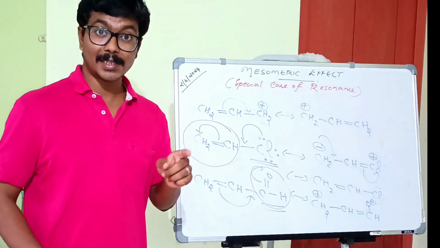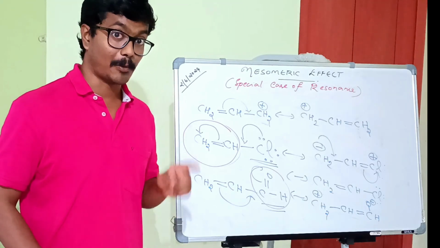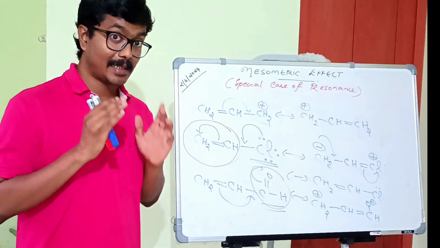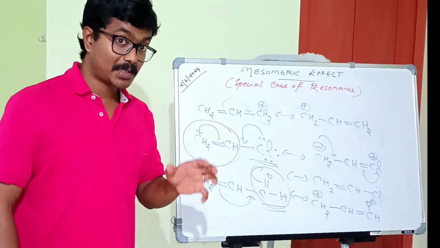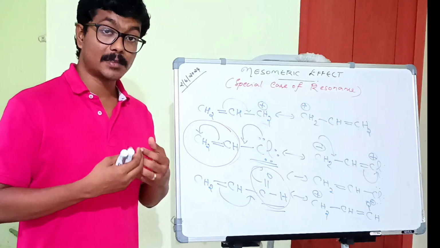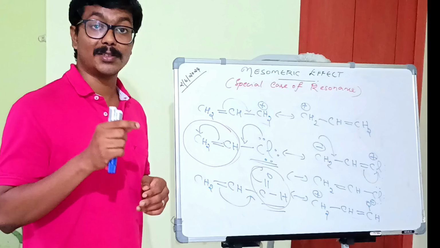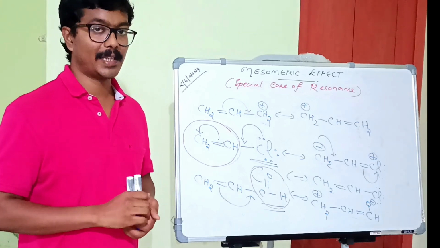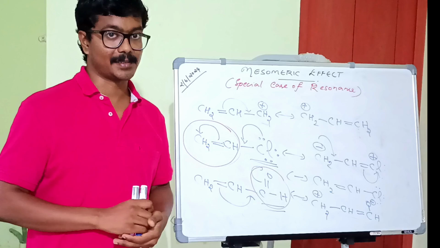So resonance is a mandatory condition. Only when there is resonance can the mesomeric effect happen. When a functional group donates or withdraws electrons from a conjugated system through resonance, it is known as the mesomeric effect. So we can say that the mesomeric effect is a special case of resonance.